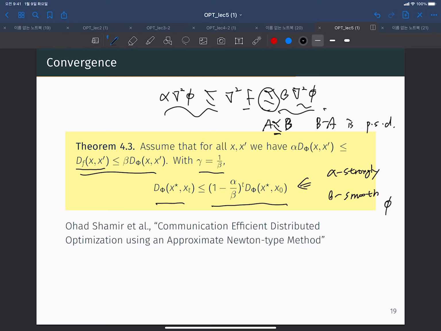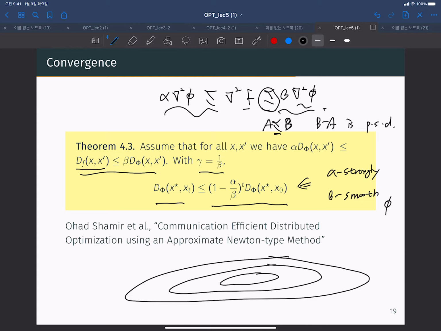Okay, so this is a very interesting and nice result. If you can find a very nice mirror map pi so that your objective function is relatively alpha strongly convex and beta smooth, and alpha and beta are very close to each other, then we can speed up the convergence. For instance, if your original objective function contour looks like this, then with simple gradient descent the convergence speed is not so fast, because the gradient scale in this direction and in this axis are totally different.